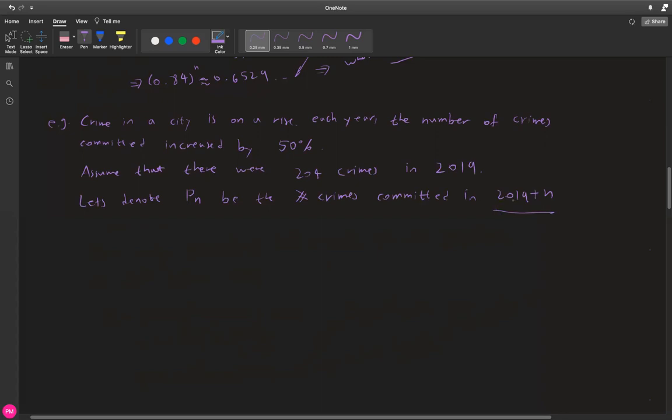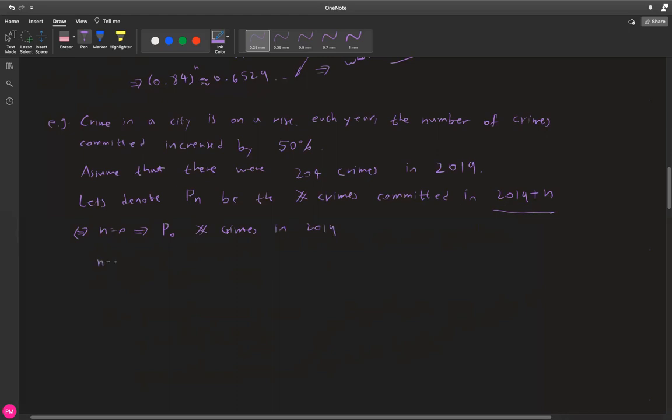So what this means is, this simply means that when n equals 0, you plug 0 here. So P sub 0 is the crimes committed in 2019, because if you plug in 0 here, it's going to be 2019.